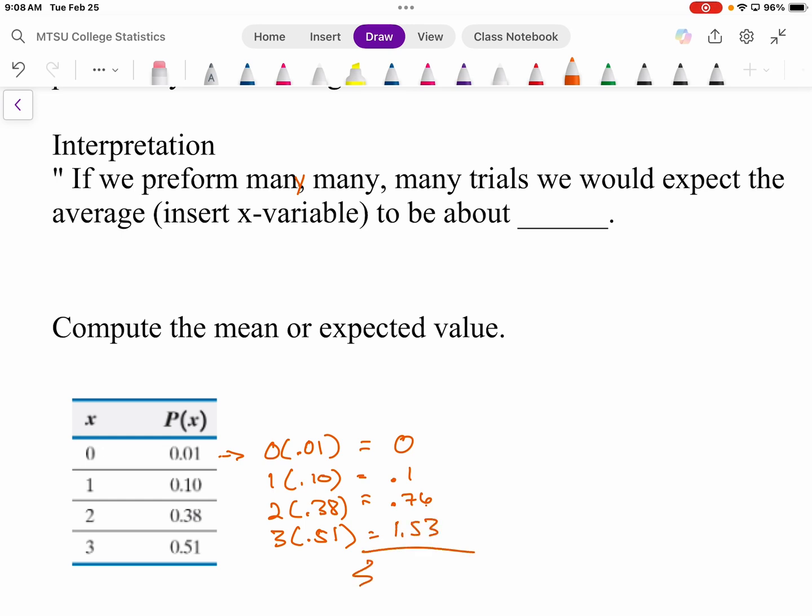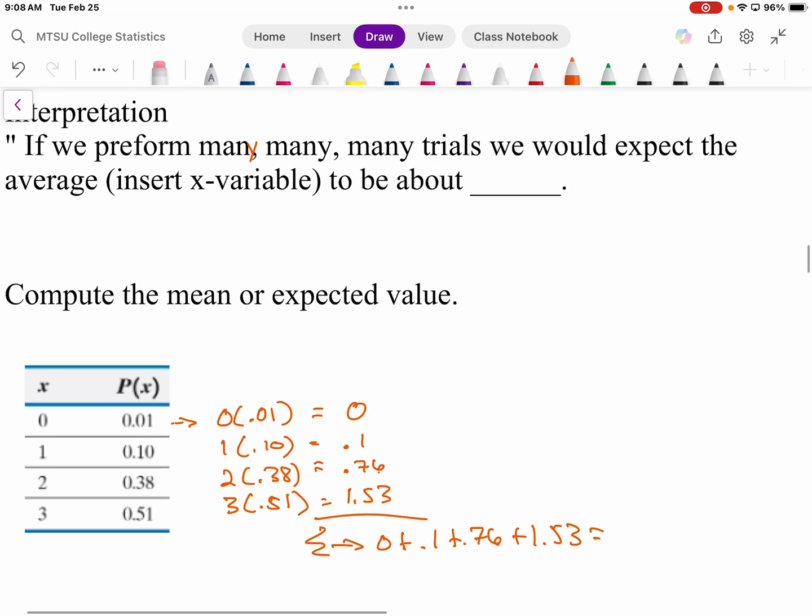And then now I add them up. I add up those answers. What is the sum? What is 0 plus 0.1 plus 0.76 plus 1.53? And that gives me what it is. That's what the sum stands for. I add up all those answers. So that'd be 9, 13, carry the 1. Is that 2.39? Is that what you guys got with the calculator? Out of curiosity? Okay, cool.